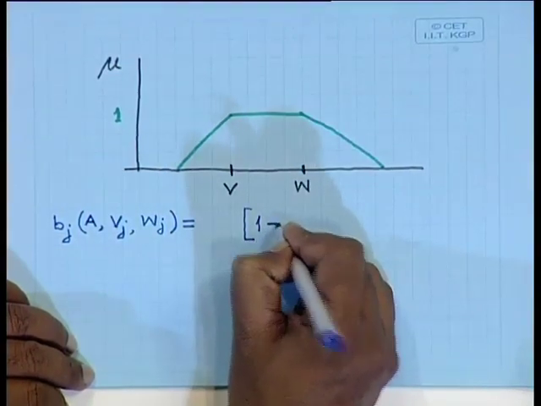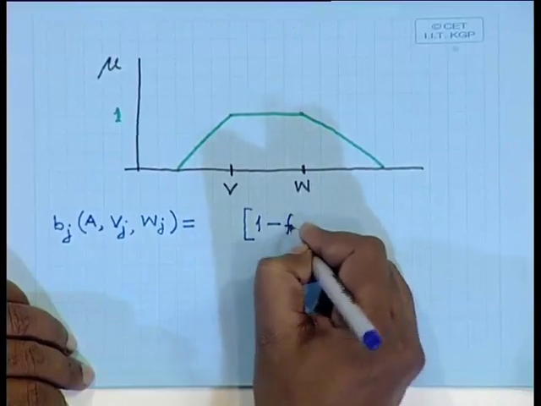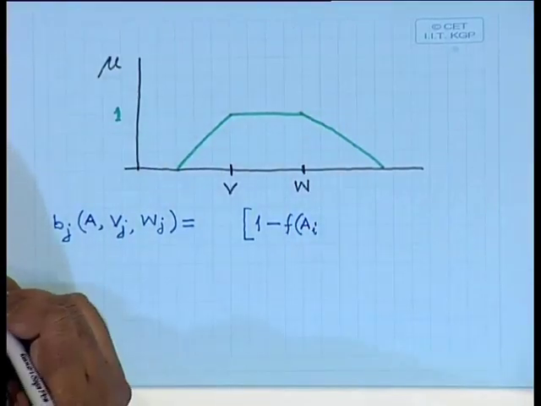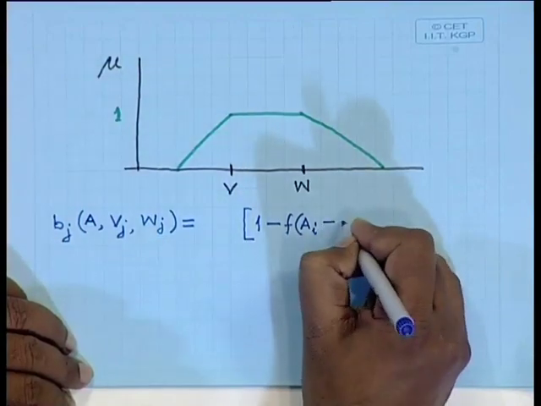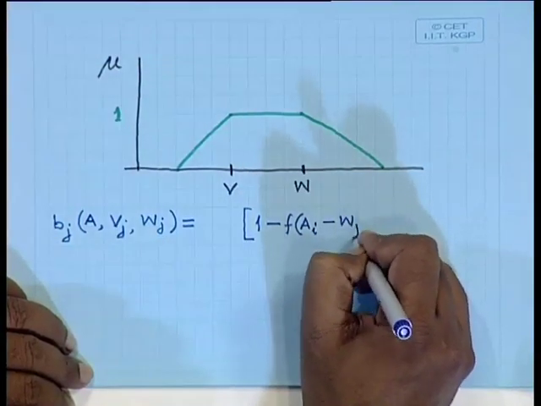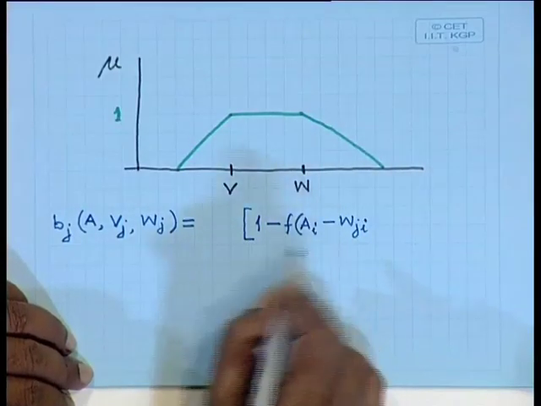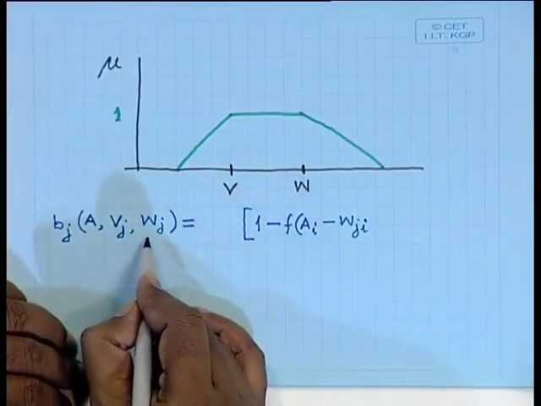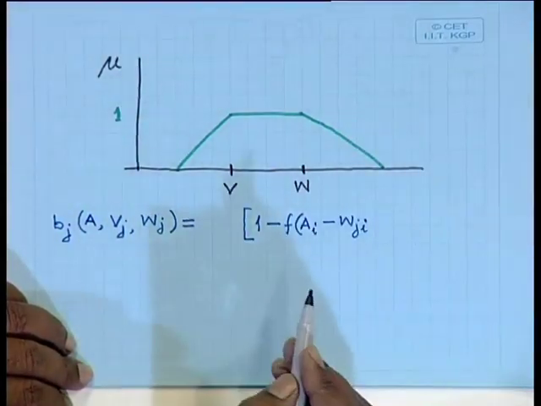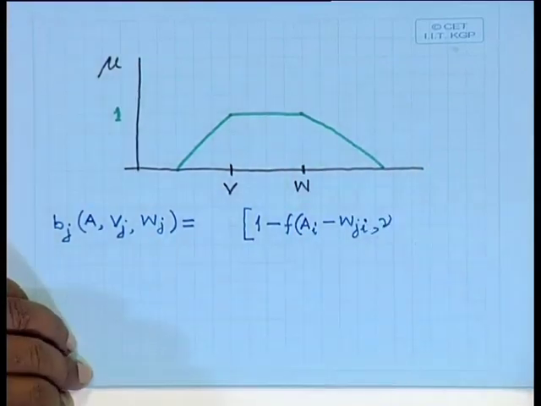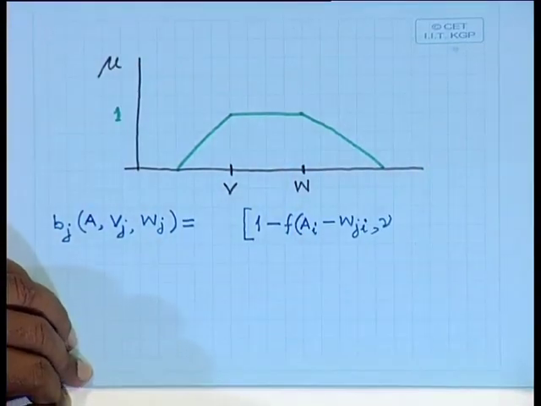1 minus f of a I, that is the ith dimension, minus w j I, that is the ith component of the max point w j. This max point w j is the max point of my jth hyperbox. Then a term gamma, I will explain what this gamma is.